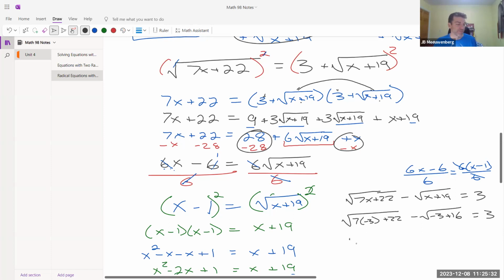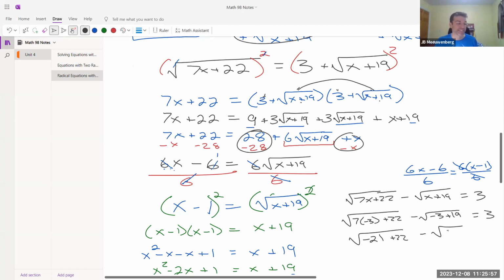In this first one, we have the square root of negative 21 plus 22. And then in the second one, negative 3 plus 16 is the square root of, I'm sorry, I got a little ahead of myself. I did the subtraction. This one right here should have been the square root of negative 3 plus 19. I started to do the subtraction already.